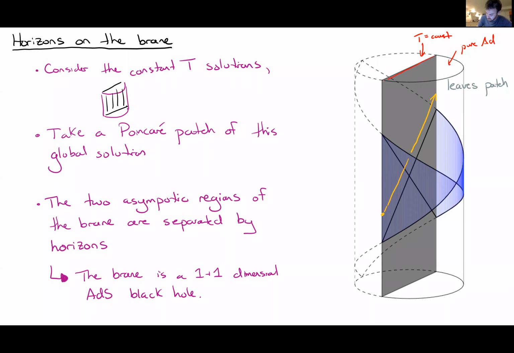So my solution here is only a portion of global AdS because it's cut off by the brane, but I've just drawn schematically where the rest of global AdS would be. And I will take a Poincare patch of this solution. Okay, so in the global spacetime, that would look like this usual kind of a wedge picture. But in my end-of-the-world-brane solutions, I just get a portion of that Poincare wedge. And that portion is bounded by the end-of-the-world-brane here.